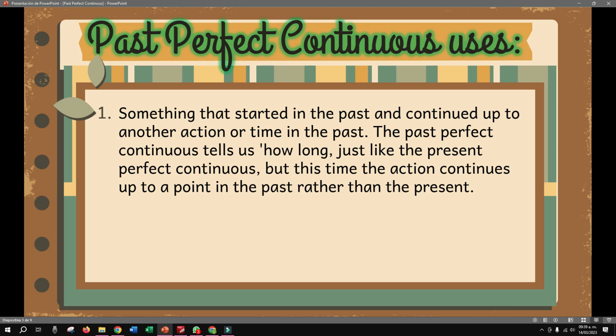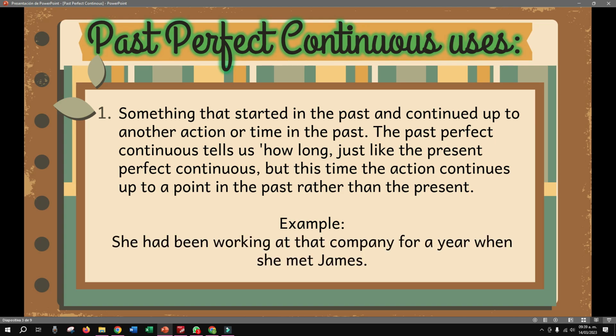But this time the action continues up to a point in the past rather than the present. Remember, an action starts in the past and continues but in the past always, right? So that is the first use of the past perfect continuous. For example, you can say, she had been working at the company for a year when she met James, right?